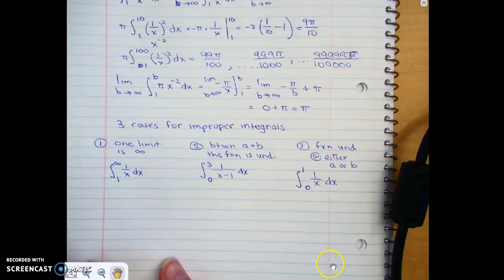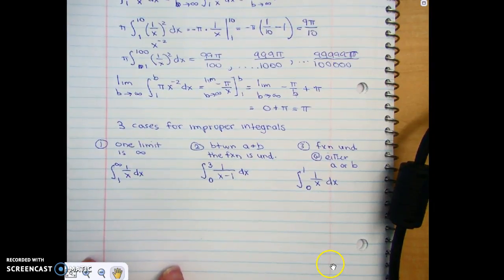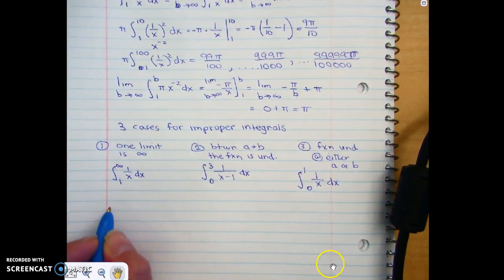And so basically the way you tell whether or not the improper integral has a numerical value is you set up a limit like we did earlier, and if the limit exists, that's the value of that improper integral. And if there isn't a limit that exists, then we say that that improper integral diverges.